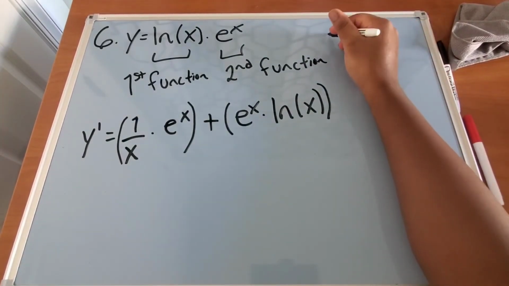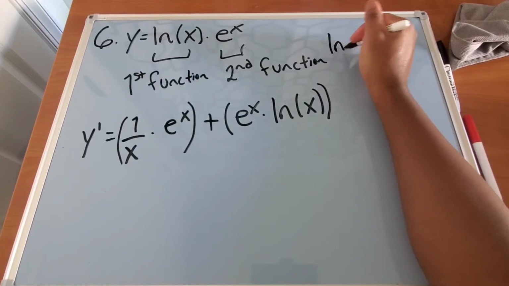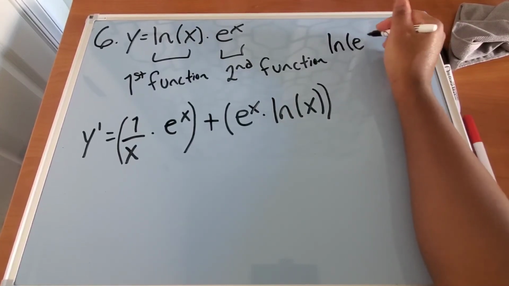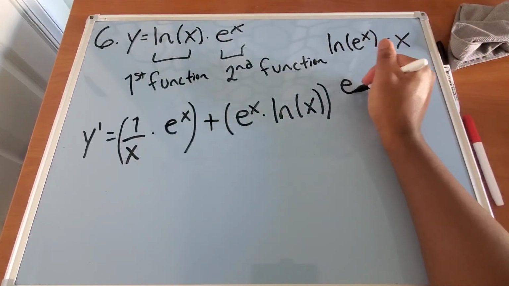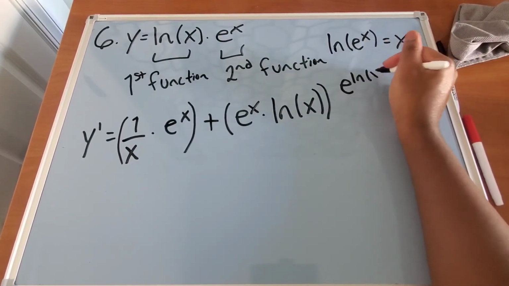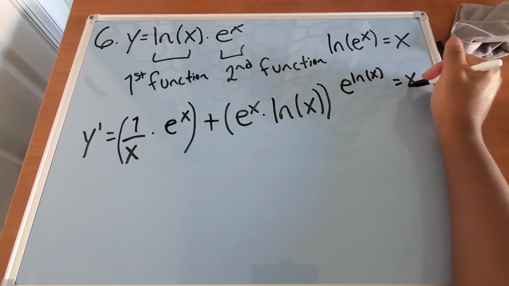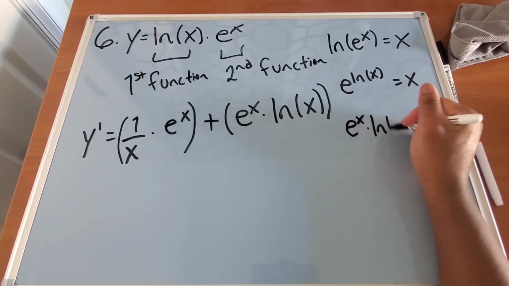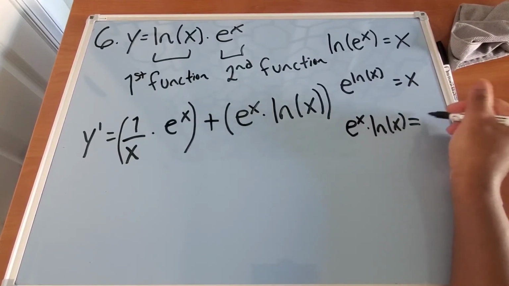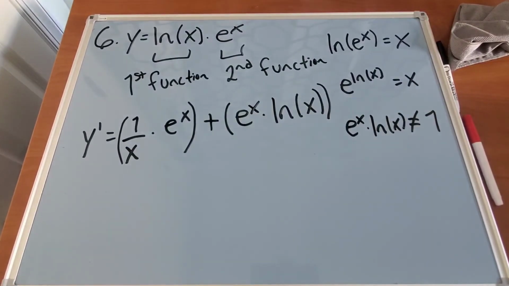The rules we have for logarithms and exponentials are that the natural log of e to the x is equal to x, and if we have e raised to the natural log of x, that's also equal to x. But we are not allowed to say that e to the x times the natural log of x is equal to 1. That is not valid.